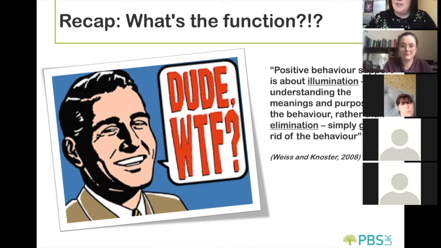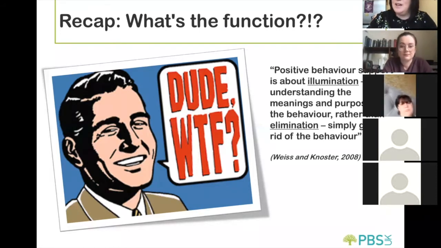And what we mean by function is the purpose that behaviour is serving for that person. So all behaviours serve a purpose. They all serve a purpose for that individual, otherwise they wouldn't do them in the first place. And it's about understanding what that purpose is, what that function of that behaviour is. That will enable us to know how to support that person more effectively.